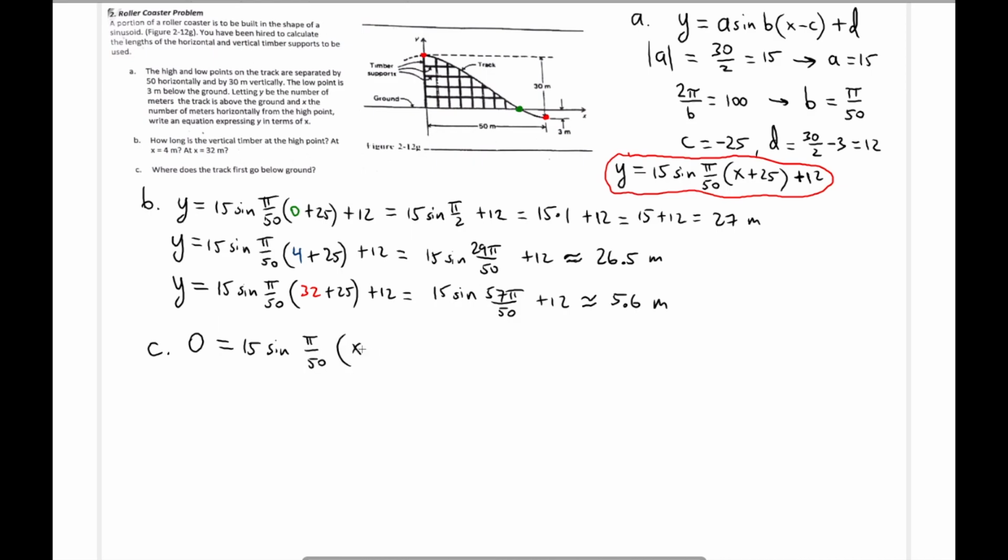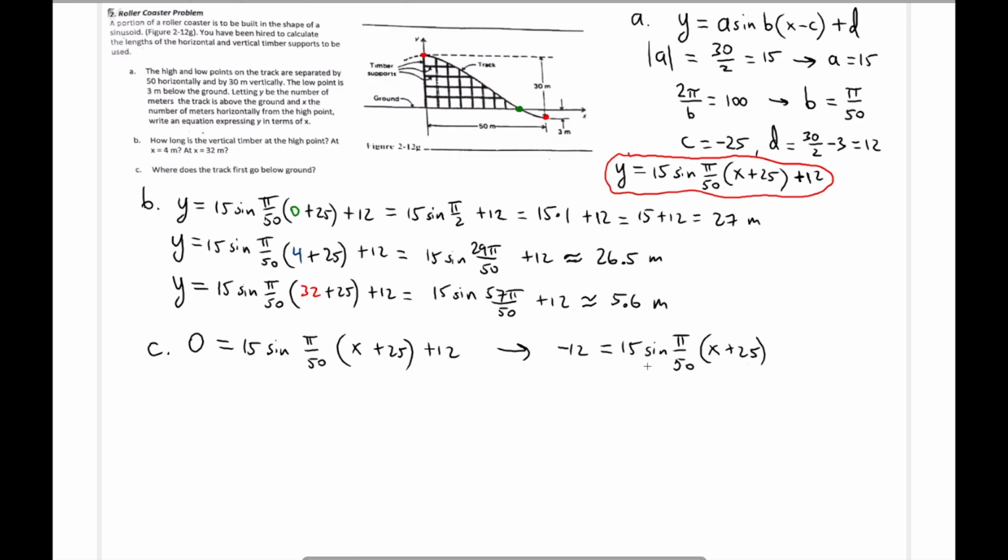All right, so x remains this time. Now how do we do this? First, we're going to subtract 12 on both sides, right? So it's going to be negative 12 is equal to 15 sine pi over 50 times x plus 25.